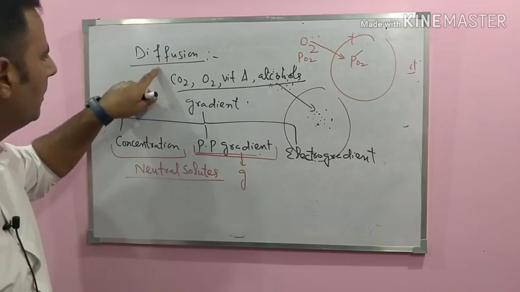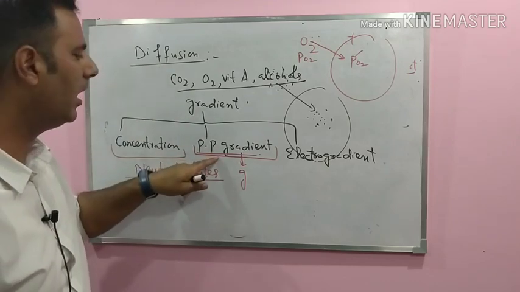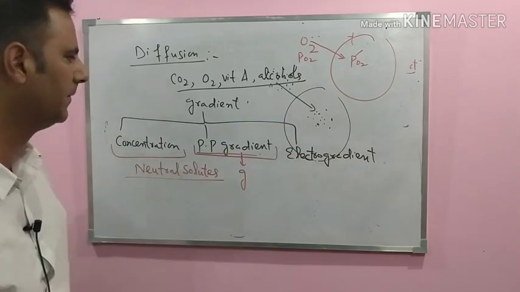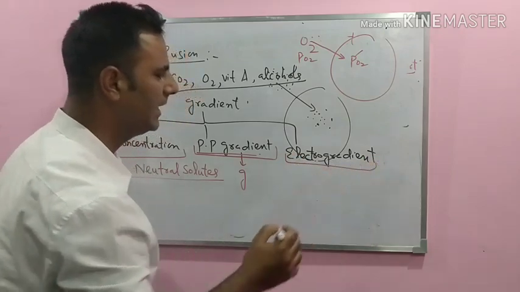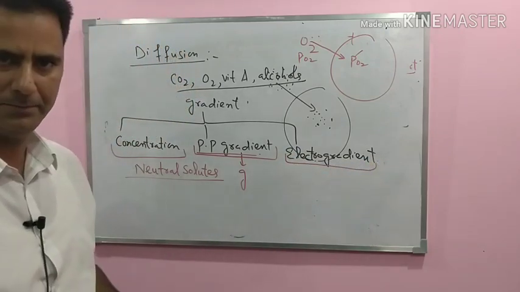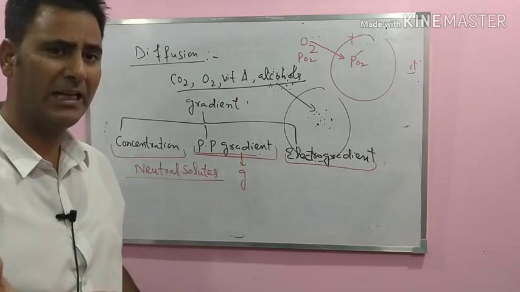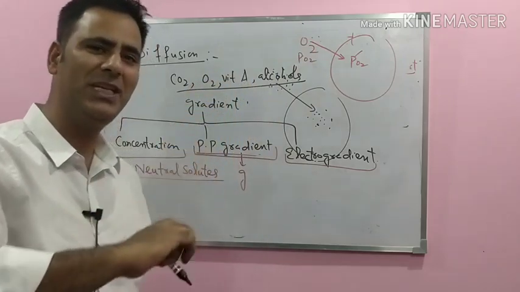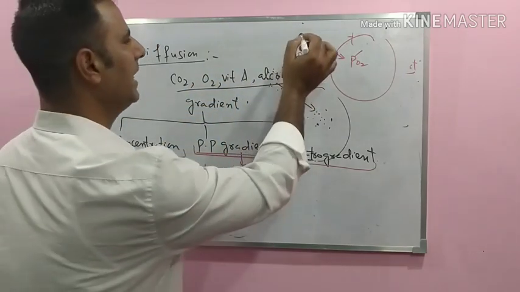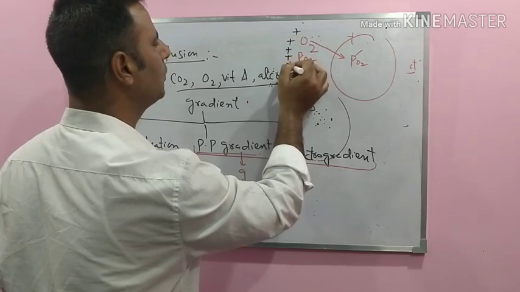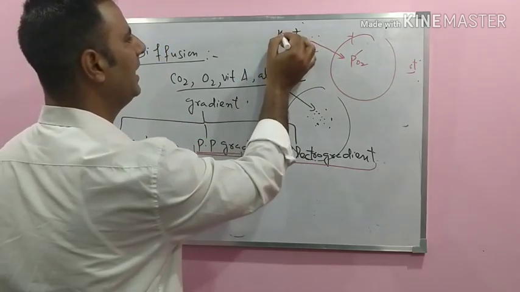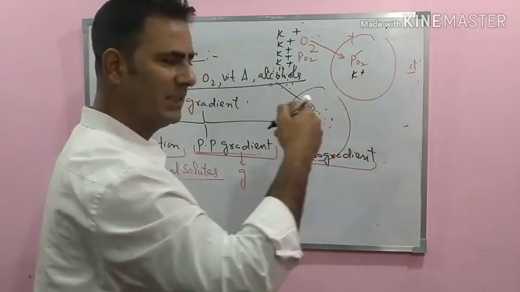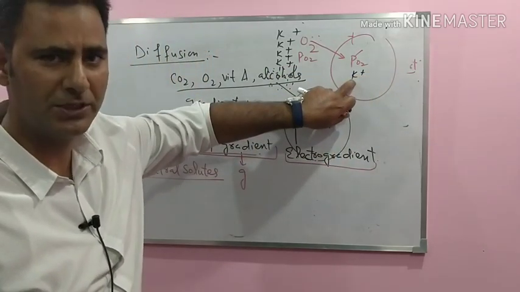We will say movement of gases from an area of higher partial pressure to the area of lower partial pressure is also diffusion. And we have one more gradient, that is electrochemical gradient. Electrochemical gradient means there is a difference of electropositivity, electronegativity. For example, if we have increased positive potential outside, or we have increased levels of potassium ions outside, and inside the cell there are less number of potassium positives.